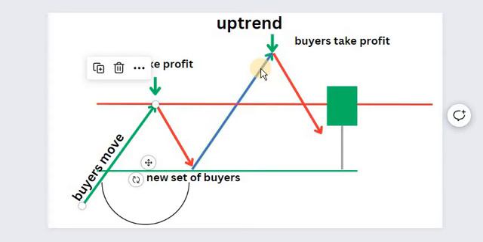But in this case, the price came back, and once the price is coming back down, those sellers who were here, those people who sold here, are supposed to turn into buyers here.